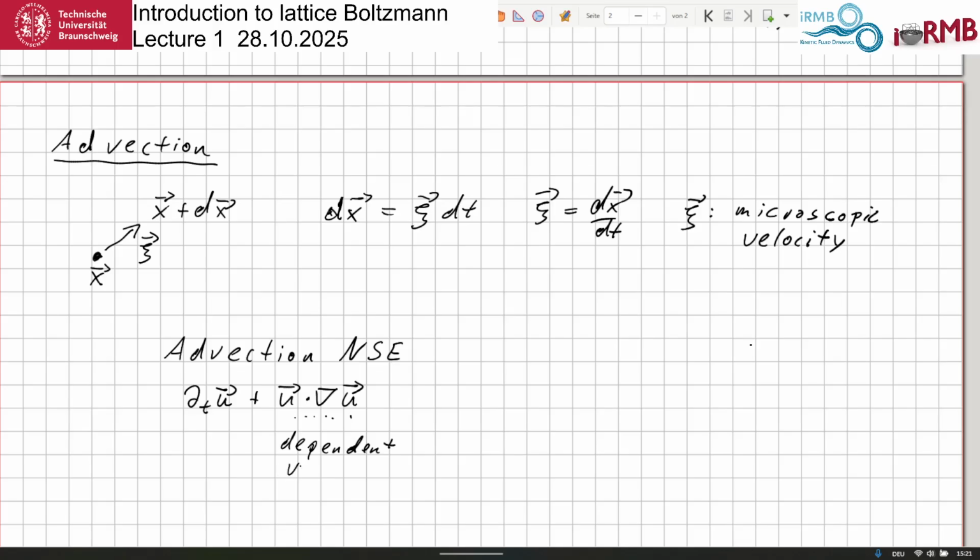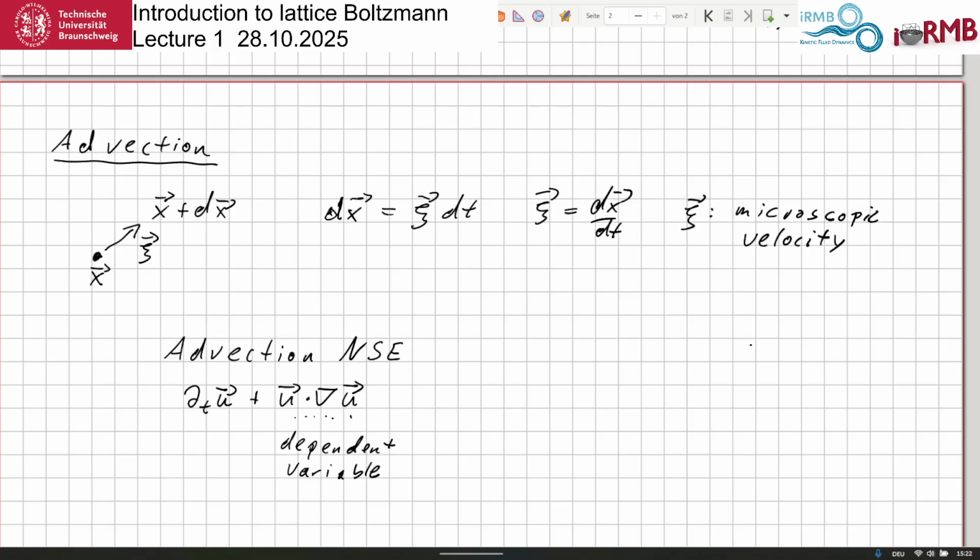So it's very important: dependent. I'm always telling the bachelor students the important thing with differential equations and other things is that you have to have a good understanding of what is the dependent and what is the independent variable.